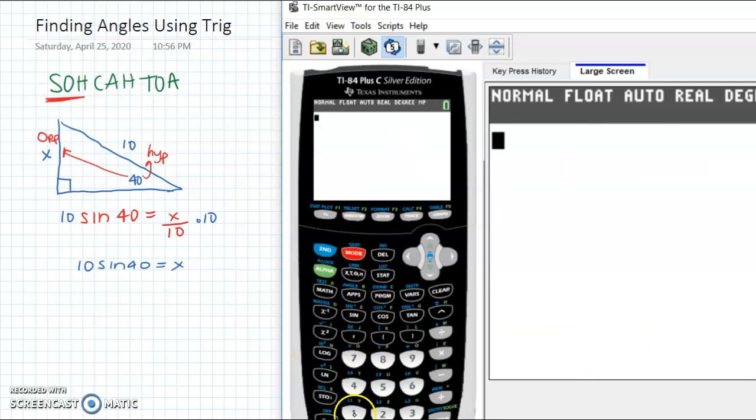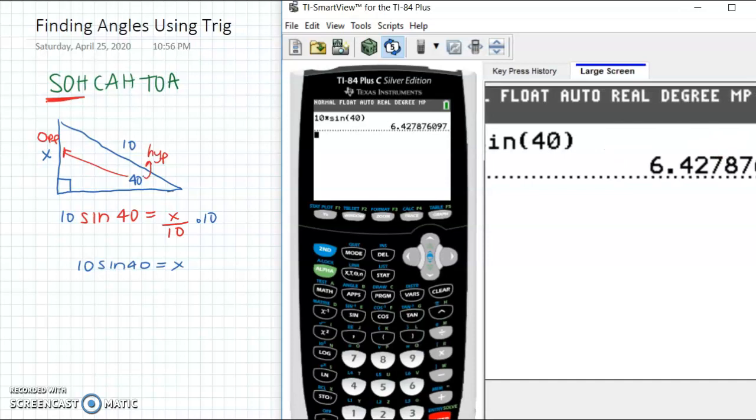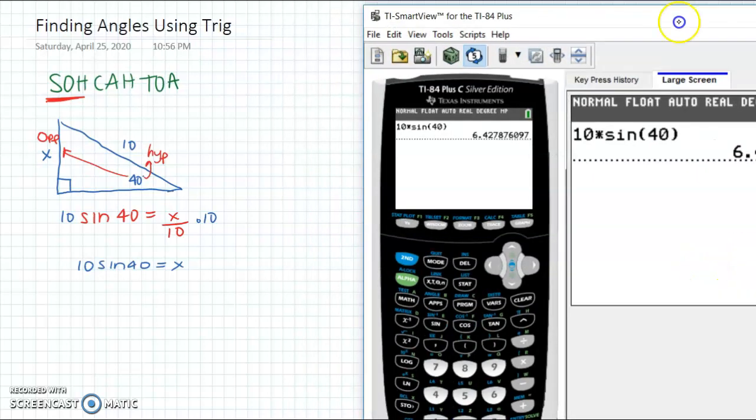So I'm going to type in 10 times the sine of 40. And I get 6.427, so 6.43.